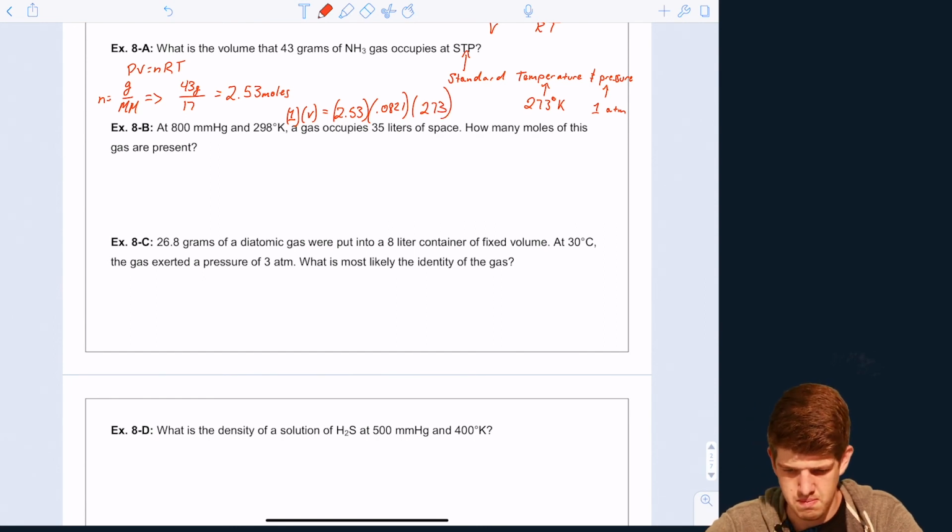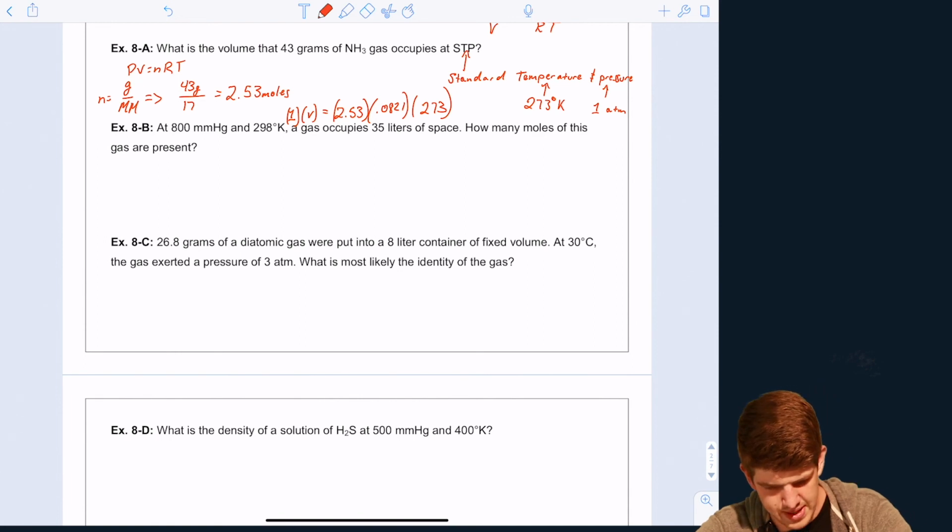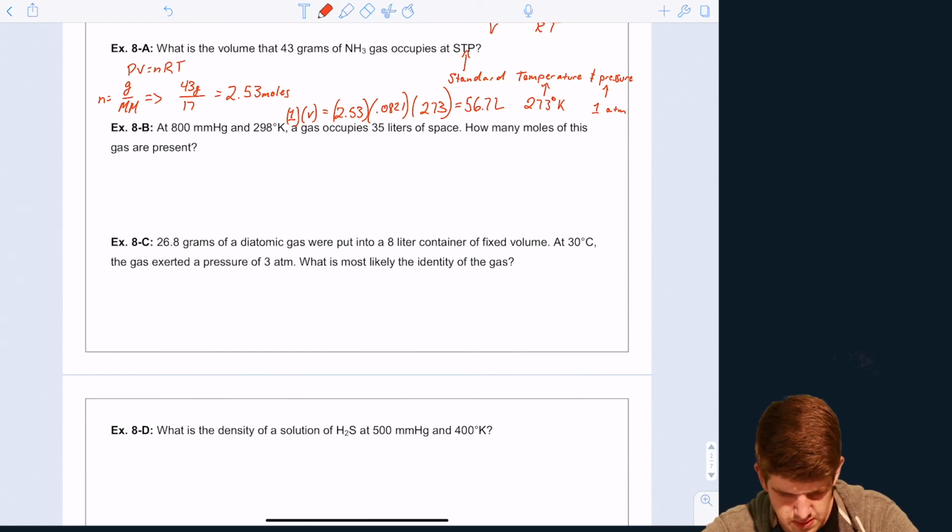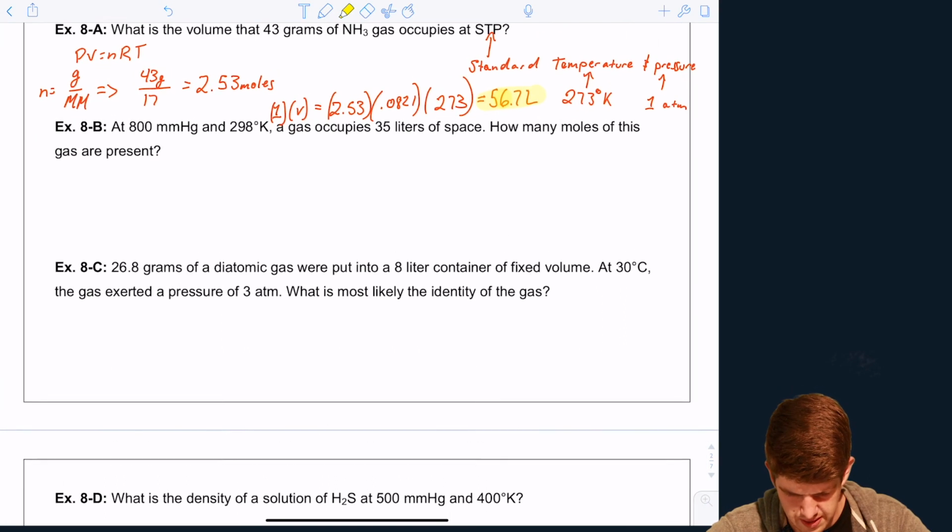So 56.7. This gas will occupy 56.7 liters. Let's highlight that.